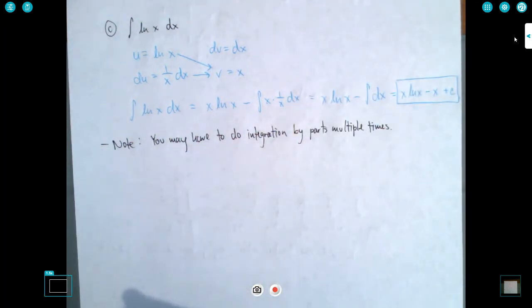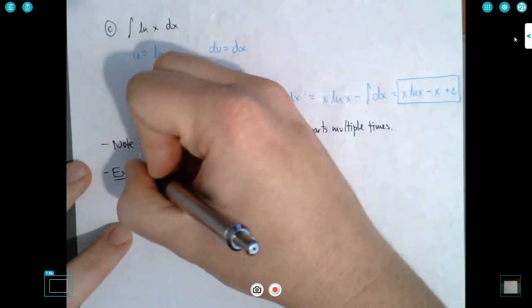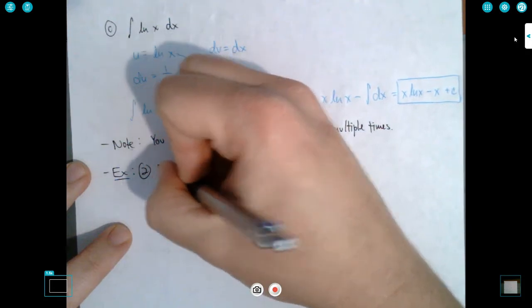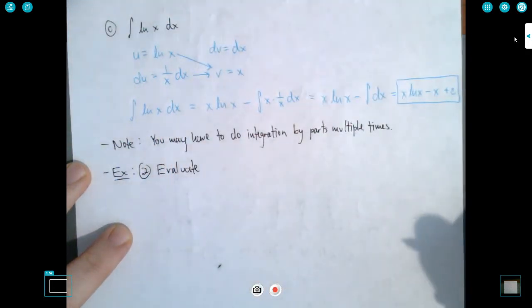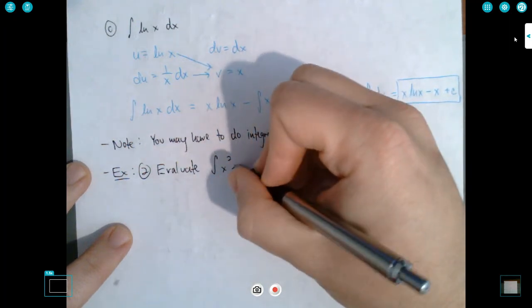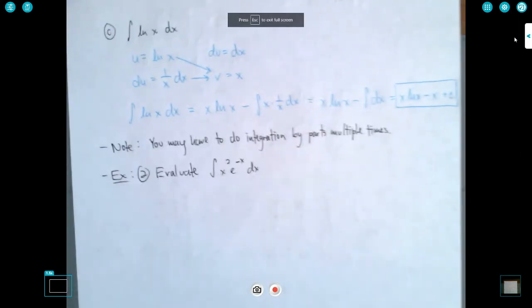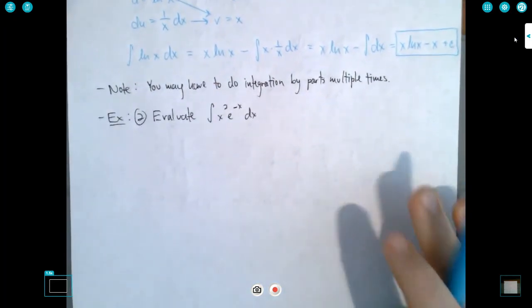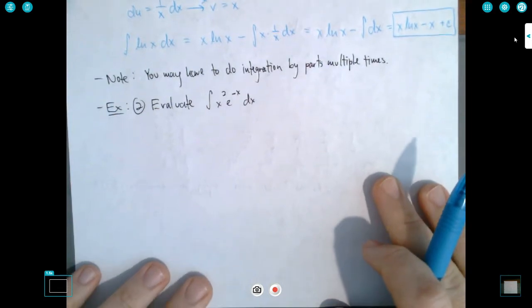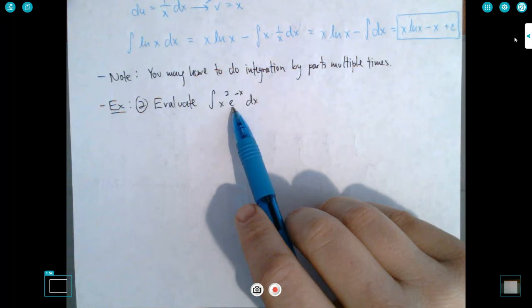Okay, so let me give you an example. So let's evaluate the integral of x squared e to the negative x dx. So here I've got an algebraic function, and here I have an exponential function.